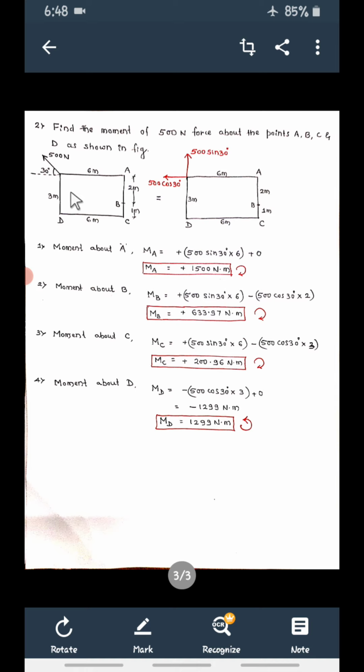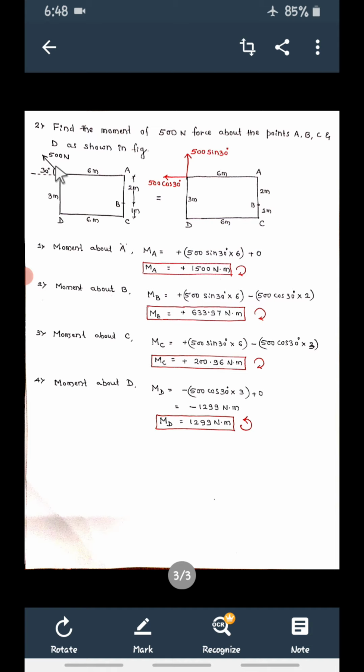Remember, whenever a force is acting inclined and the angle is given, you have to resolve that force into x and y directions. So I can resolve this force along x direction and along y direction.